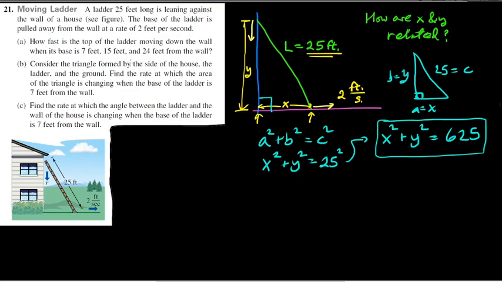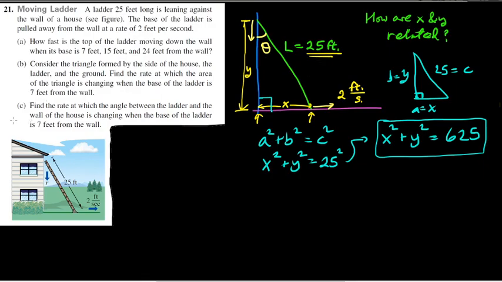Now, if you were thinking of using sines and cosines and trigonometry, notice that we're not told any information about these angles. The angle between the wall and the ladder we can call theta, and then sine of theta would be x over 25, cosine is y over 25, and so on. But we're not told that yet.